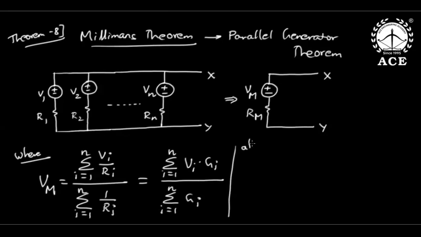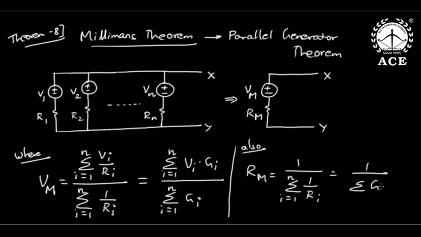Also, Millman's resistance is 1 by sigma 1 by Ri, i from 1 to n. That is 1 by sigma Gi. G is conductance, for n branches.